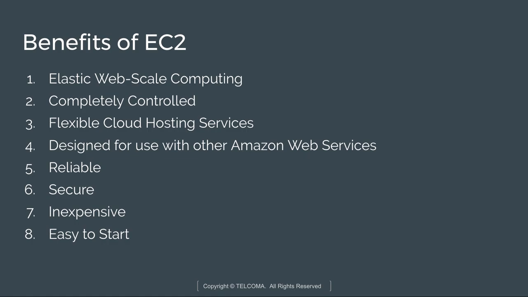You can connect your existing IT infrastructure to your resources in a virtual private cloud with industry standard encrypted IPsec VPN connections. For additional isolation, you can provision your EC2 resources on dedicated hosts or dedicated instances. Both allow you to use EC2 instances in a virtual private cloud on hardware dedicated to a single customer.